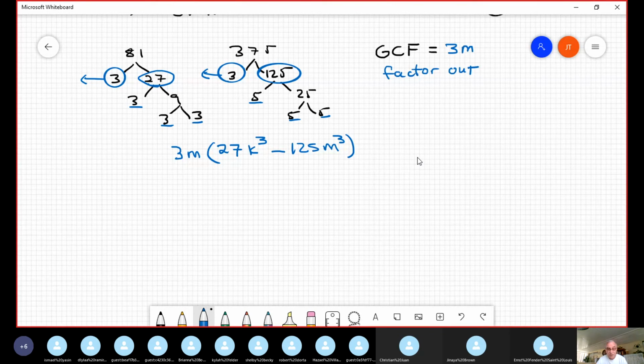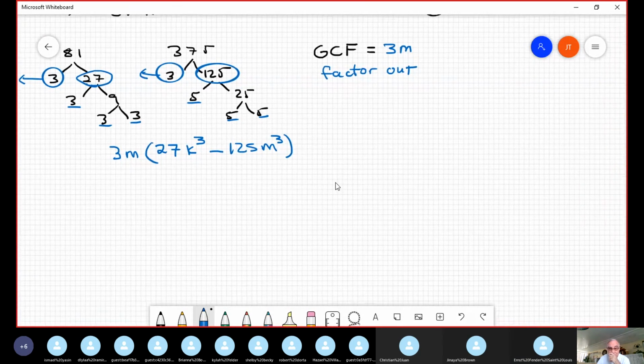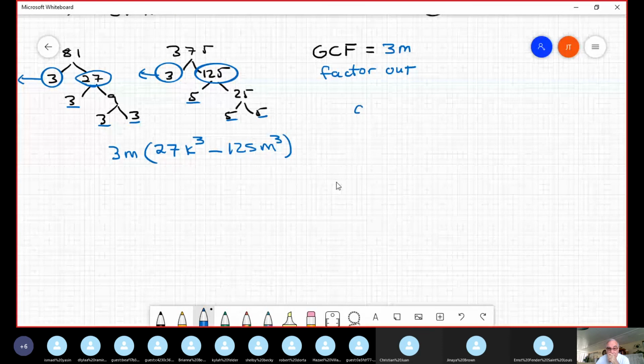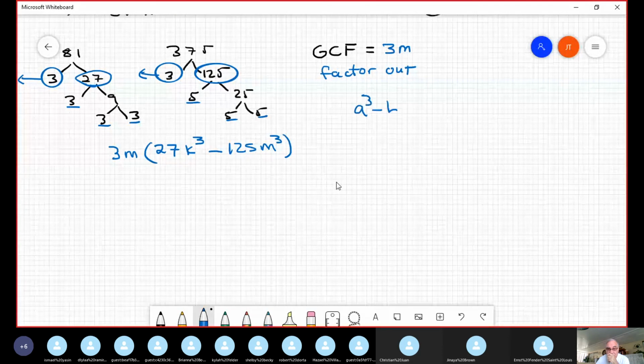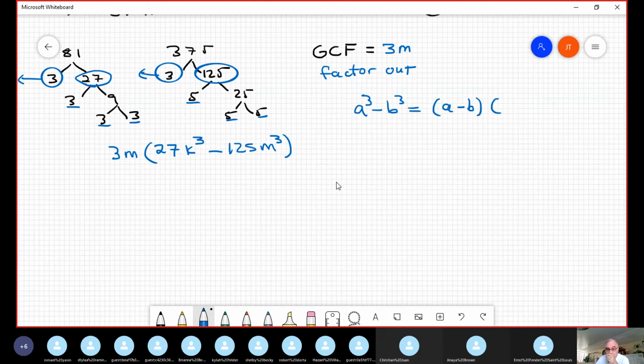Is it a difference of squares or a difference of cubes? Difference of cubes, exactly. For a difference of cubes, let me copy the general formula: a cubed minus b cubed equals a minus b times a squared plus ab plus b squared. In our specific example, who is a and who is b?